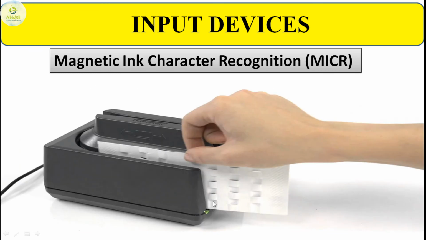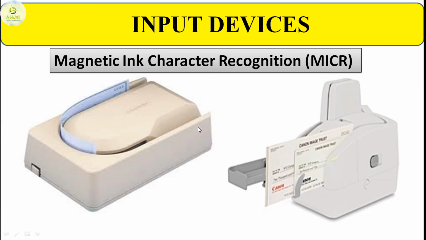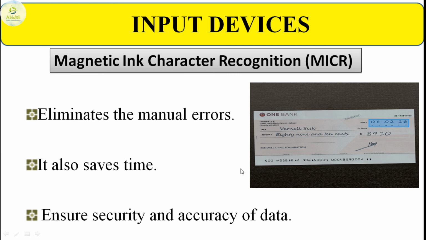The check is placed at the input end, it is entirely processed and read, and it comes back in the other direction, returning to the original place. Each time it is reading, it performs all these operations.